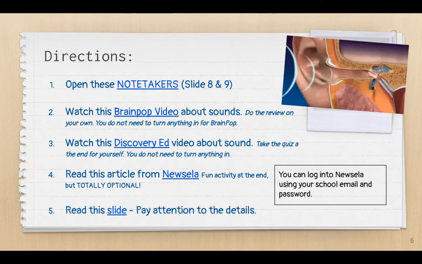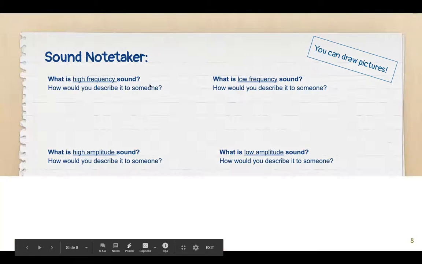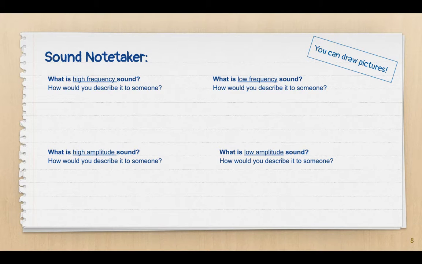Here are your directions for this week's lesson. The first thing you're going to do is open these note takers. You can find them on slides 8 and 9. This week, we're going to focus on what the differences are between the waves and the patterns of low frequency and high frequency waves, in addition to high amplitude and low amplitude waves.